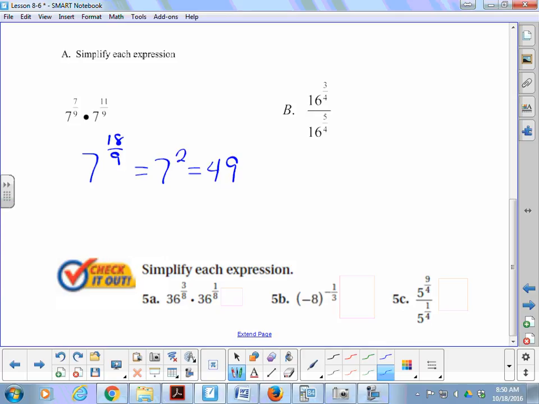Letter B, 16 to the 3/4 over 16 to the 5/4. Here we're dividing with the same base, so we subtract the exponents. That's going to give us a 1 in the numerator and 16 to the 2/4 in the denominator.